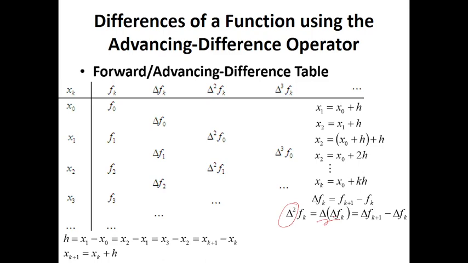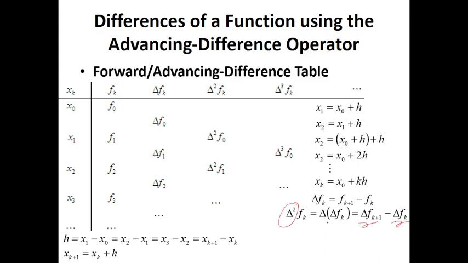It is a property of the operator. We can separate delta squared as delta delta, so delta delta f sub k. So delta of delta f sub k is simply delta f sub k plus 1 minus delta f sub k. So the successive value minus the preceding value.